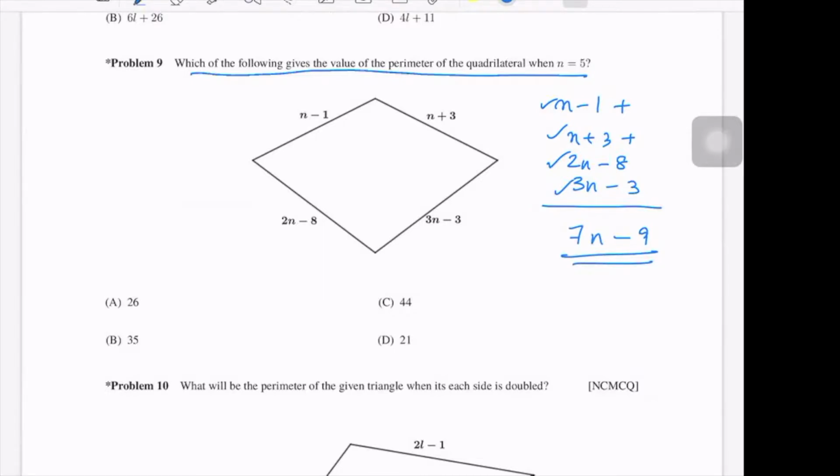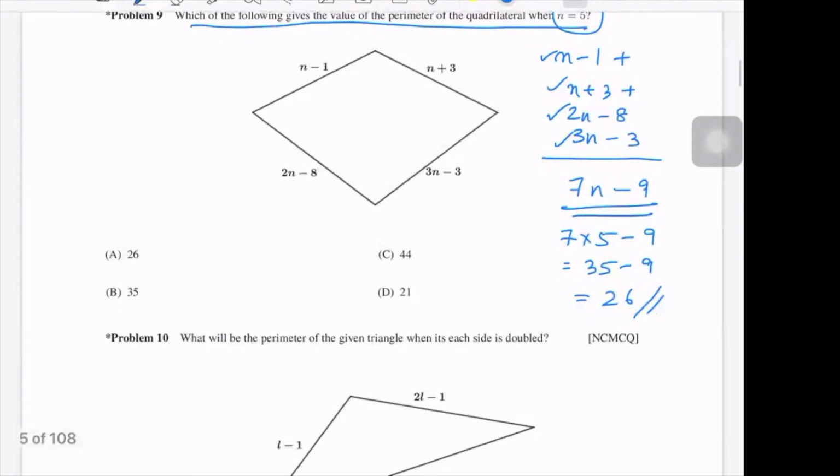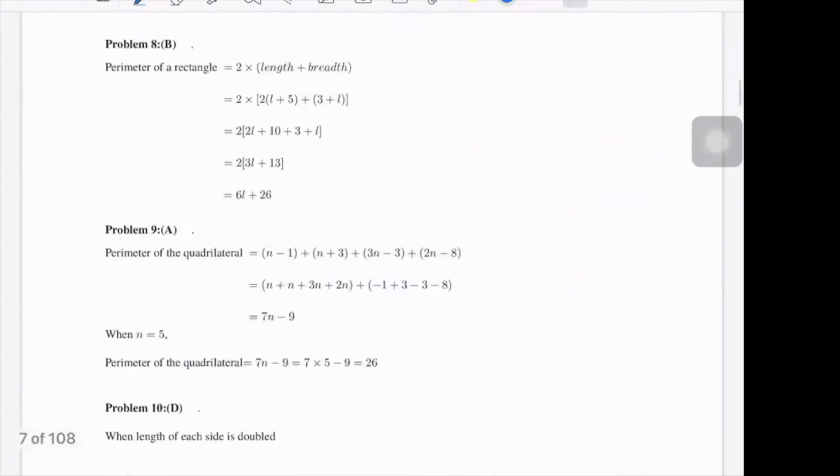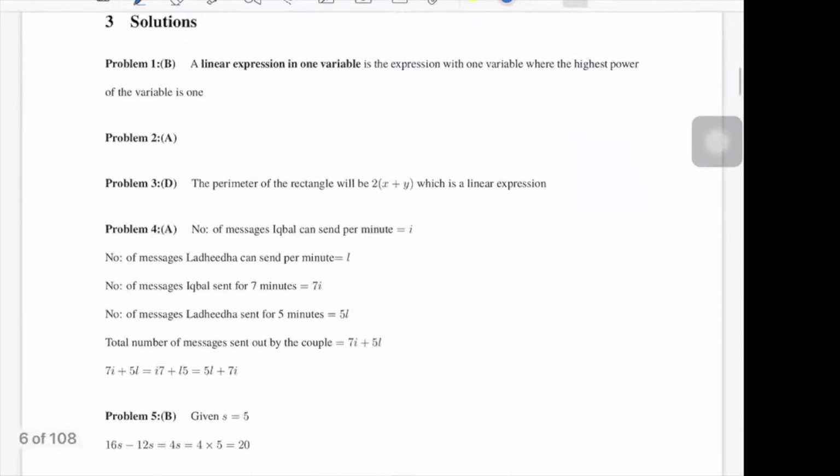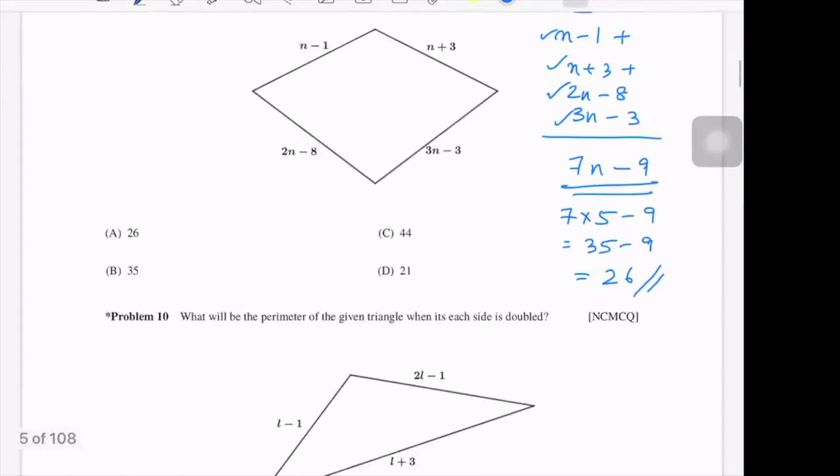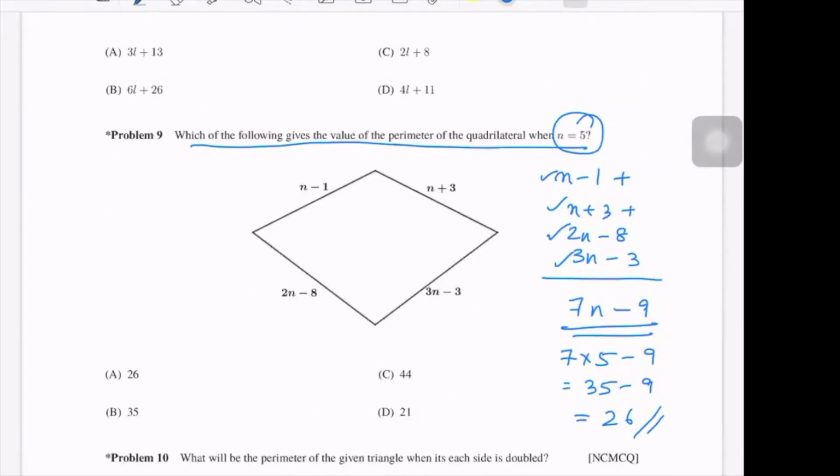Now substitute n is equal to 5. So it is 7 into 5 minus 9, that is 35 minus 9, which is equal to 26. Let's see the answer. Yes, the answer is 26. But what is the shorter way to do it?